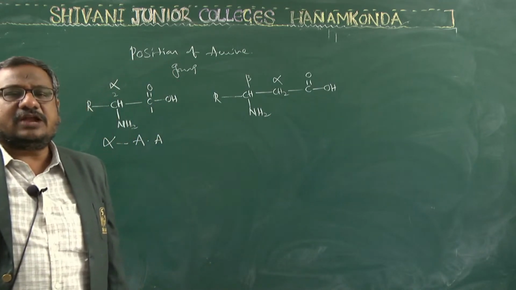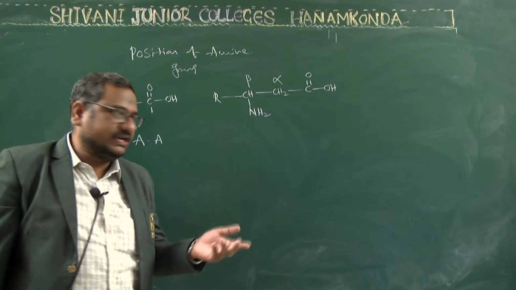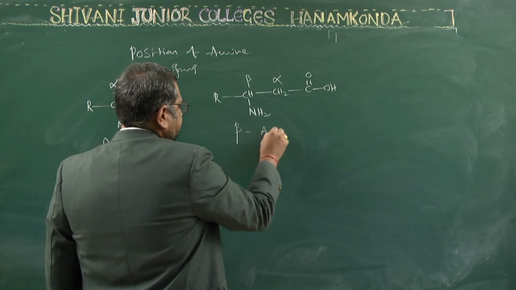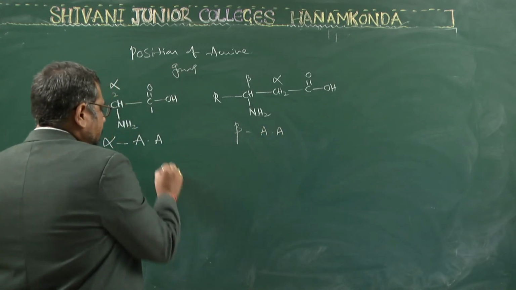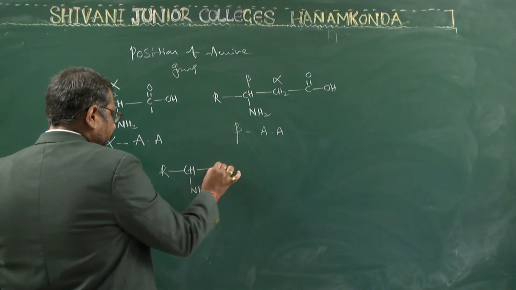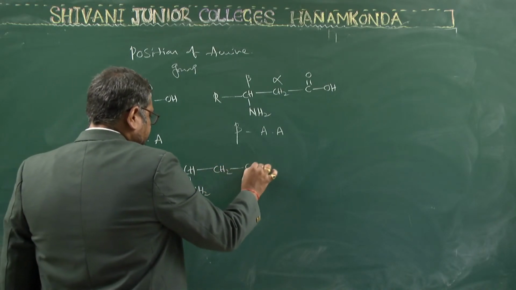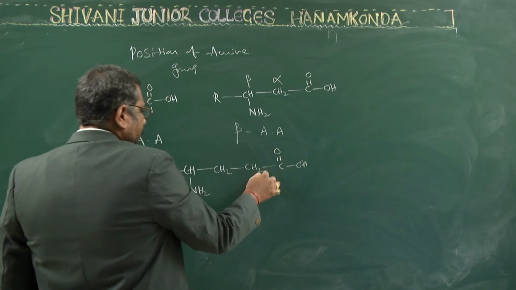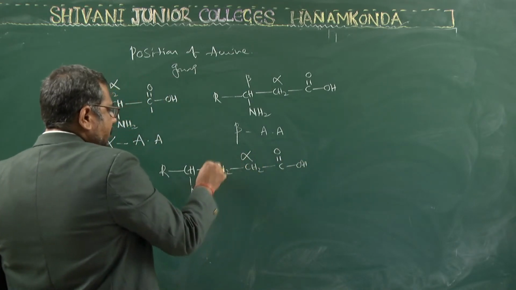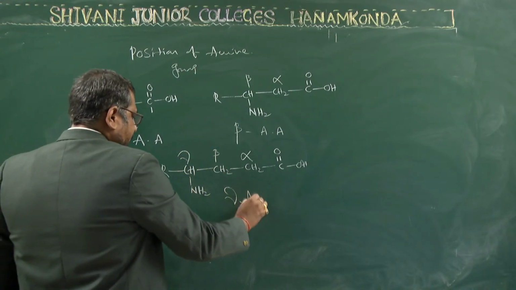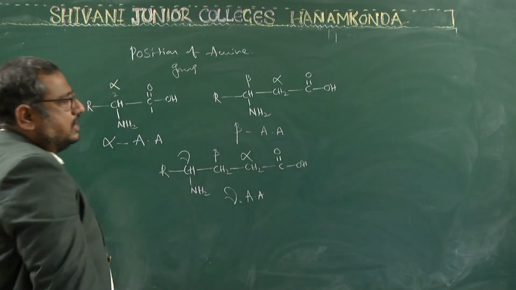So this type of amino acid is called a beta amino acid. If you write RCH, NH2, CH2, CH2, C double bond OH, the carbon adjacent to the functional group is alpha, then beta, then gamma. So this type of amino acid is called a gamma amino acid.